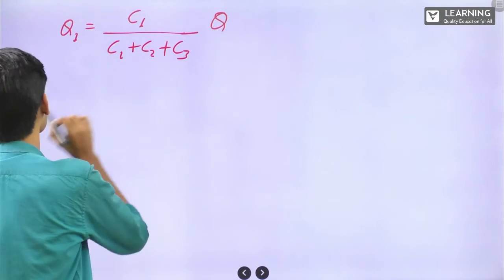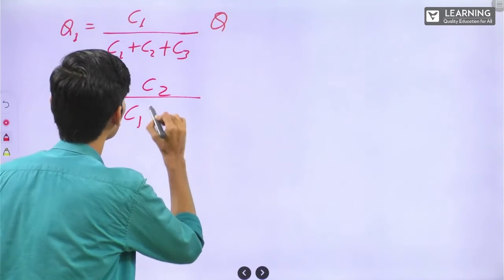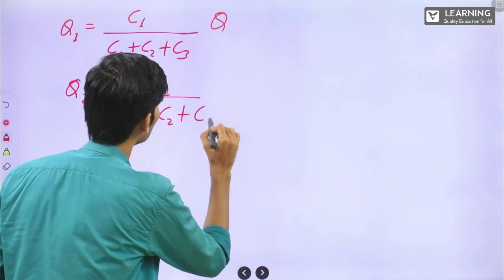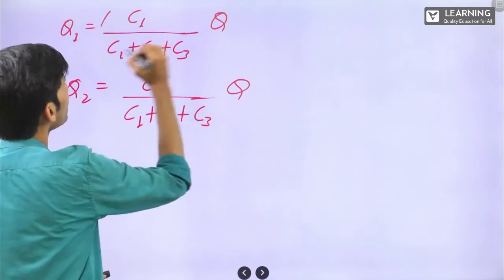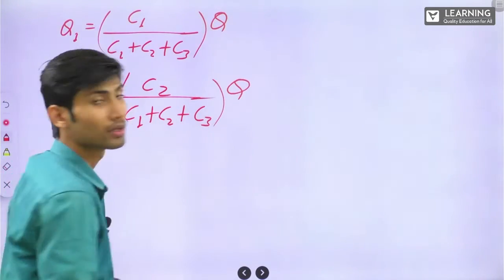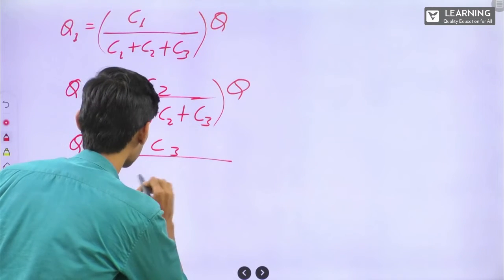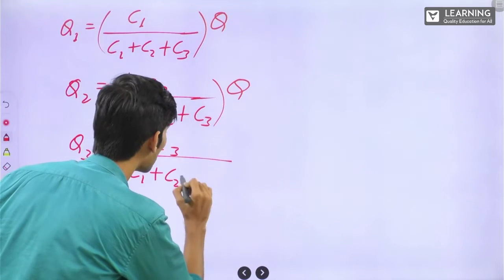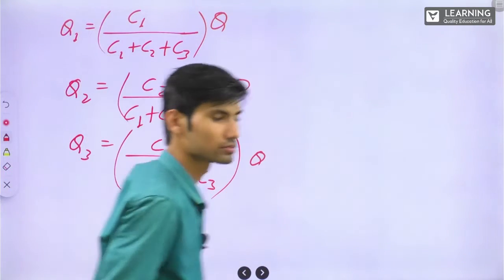Q2 will be equal to C2 divided by C1 plus C2 plus C3 into Q, this many times of Q. Clear? And Q3 is equal to C3 divided by C1 plus C2 plus C3, these many times of Q.